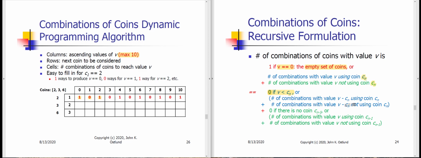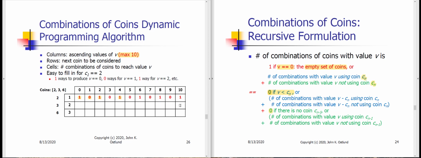Plus the number of combinations with value 2 not using coin Cn, but that is a 0 because there is no other coin. So we get 1 plus 0 is 1.